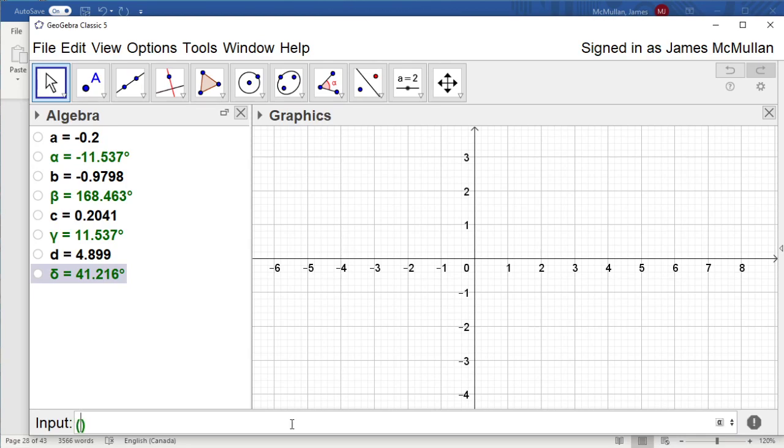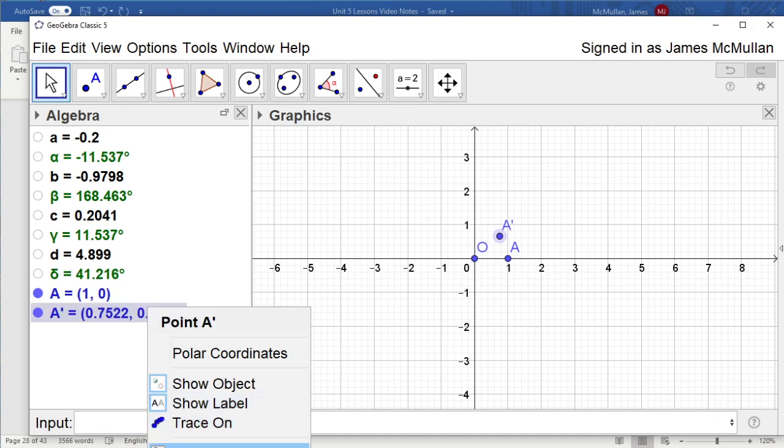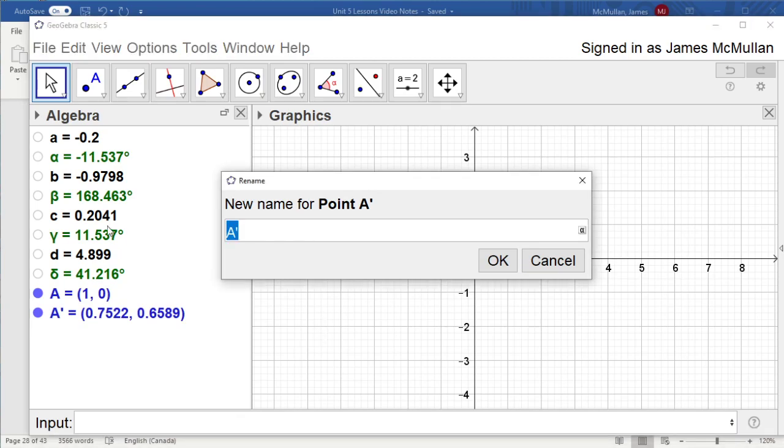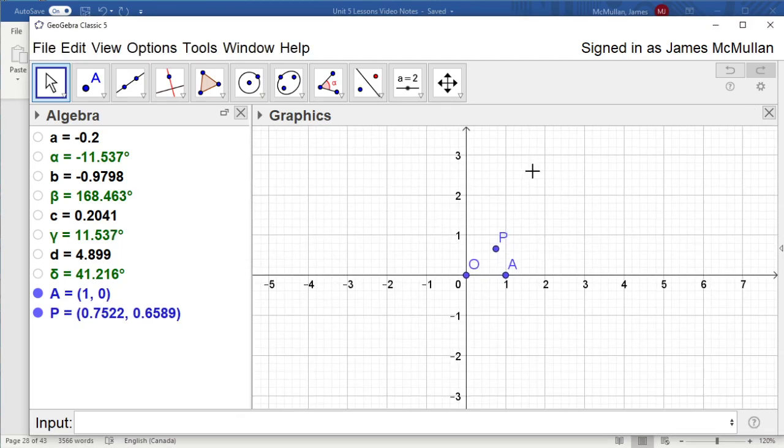I'm going to draw a point A, which I'm going to call (1, 0), a point O, which is going to go in the middle, and then I'm going to rotate point A 41.216 degrees. That would be point A prime, which I'm just going to simply rename to point P, so the way we're used to seeing it.